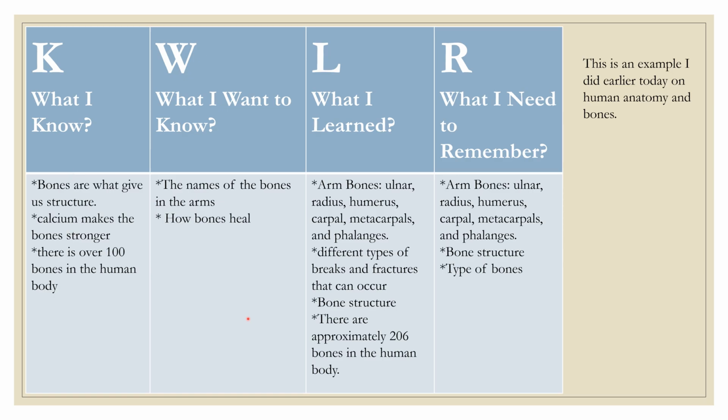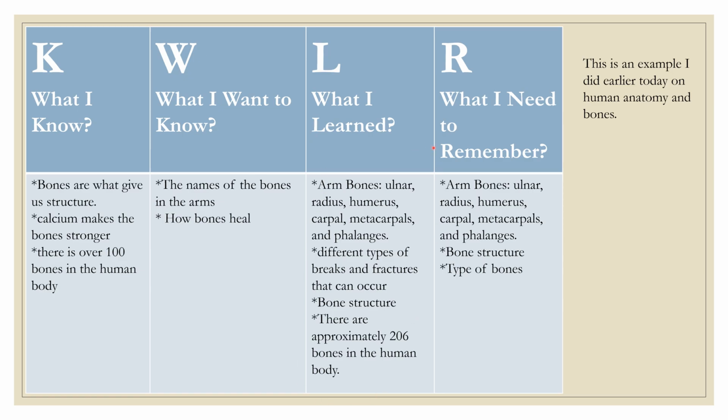So this is a KWLR chart because I specifically added the R because I think the R is great for advanced placement classes on human anatomy and bones. So here's a few things I learned before I planned the lesson and did the readings. And then this is what I strive to learn throughout these readings, which some crazy things like how do bones exactly heal?